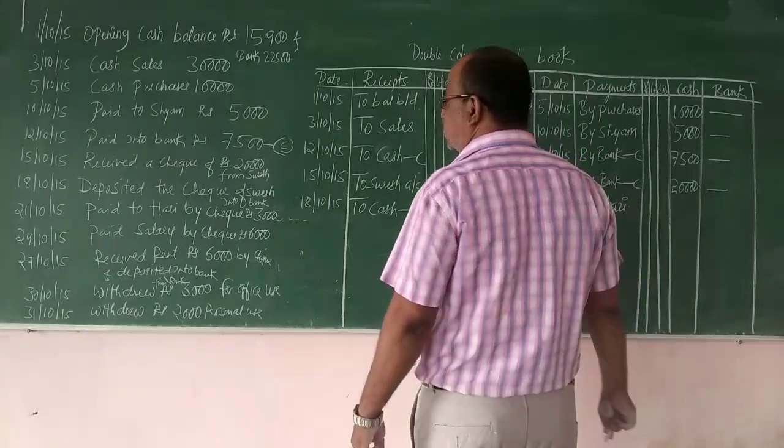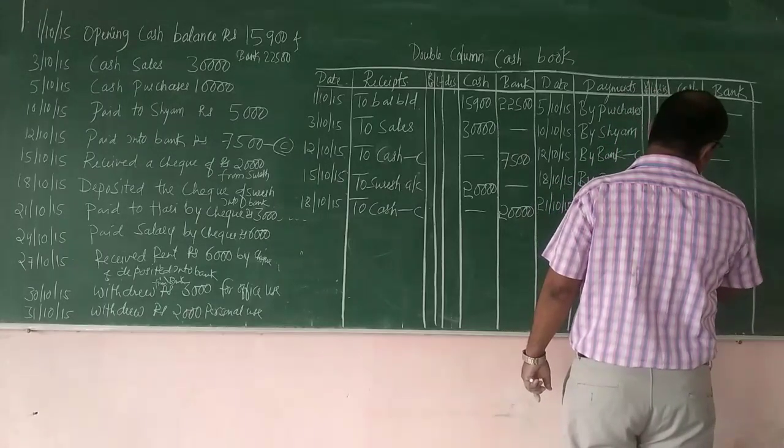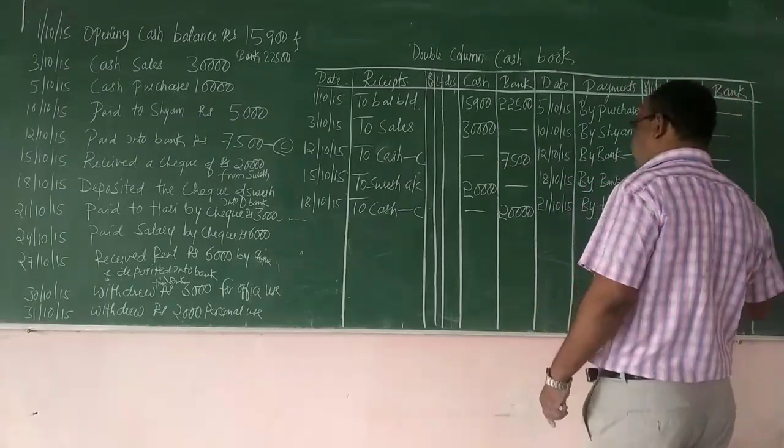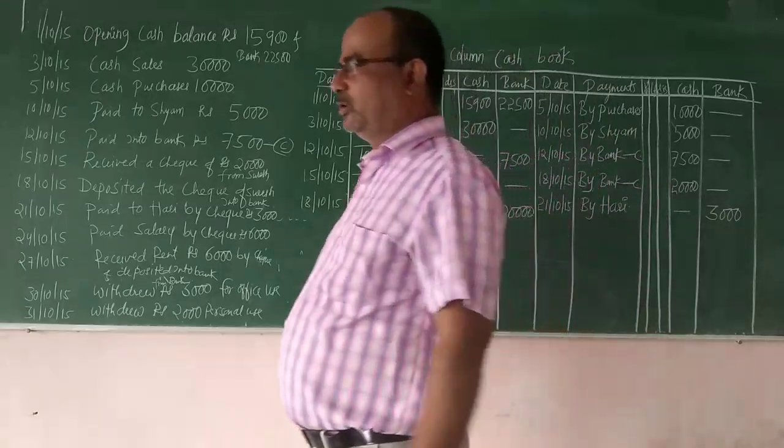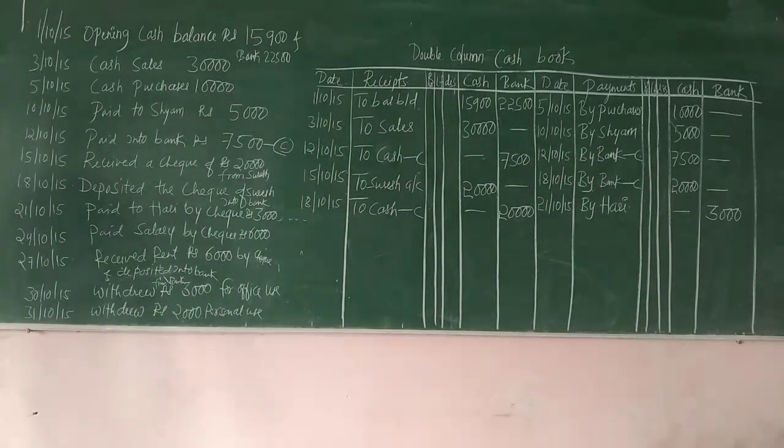How much is the amount? 3,000. So directly write it in the bank column. 3,000. Directly write it in the bank column.